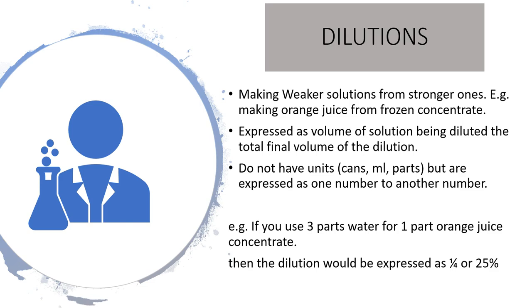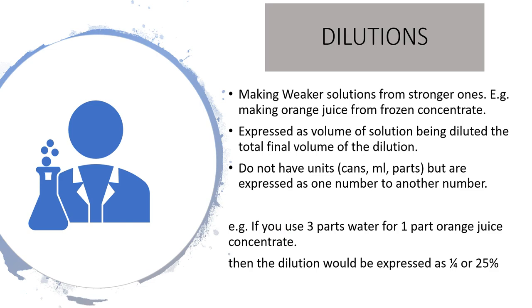Next, we're going to go over making dilutions. When we make dilutions, we make weaker solutions from a stronger stock solution of some sort. For example, you can have a frozen concentrate of orange juice, and you can dilute it to make your final orange juice that you can drink. It is expressed as a volume of solution being diluted and the total final volume of your dilution that you prepare. For this one, you do not have any units.